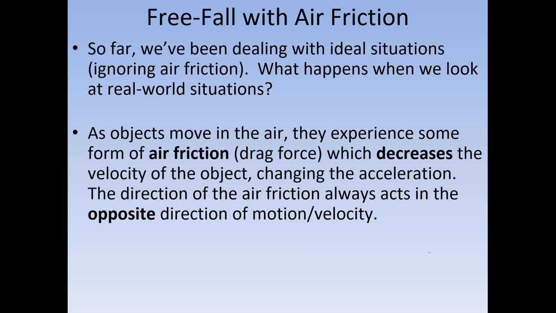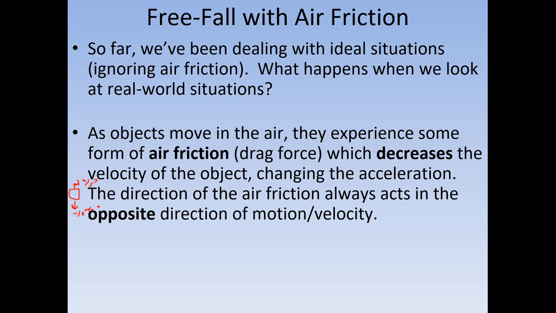So normally we have objects falling to the ground with an acceleration of negative 10 meters per second squared. Air friction will end up causing a little bit of an acceleration going upwards that will be, let's say, 2 meters per second squared. That changes the overall acceleration.